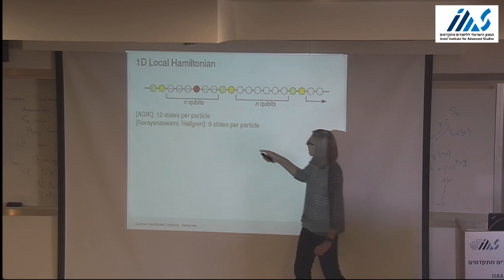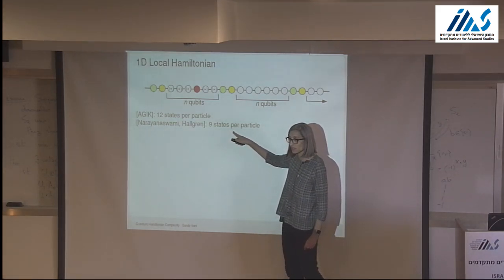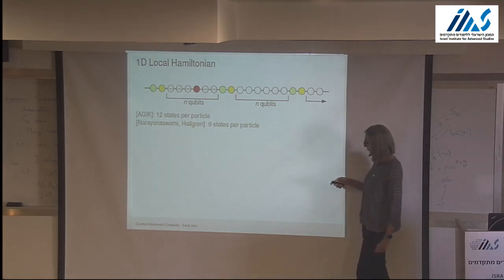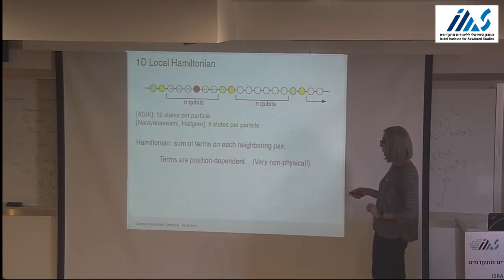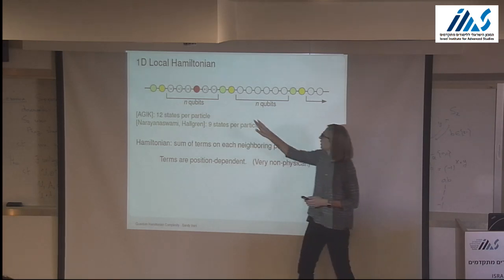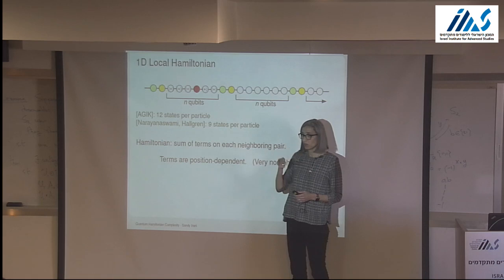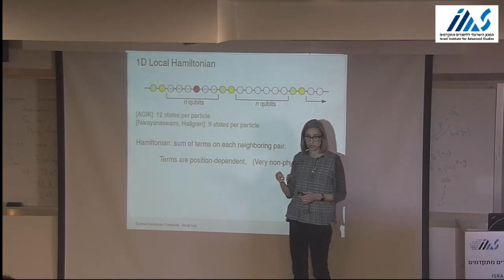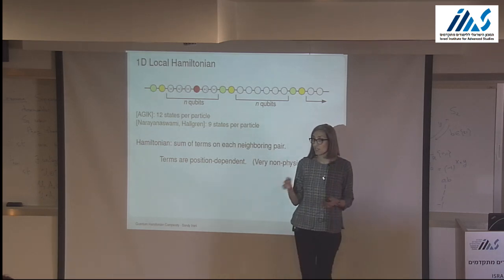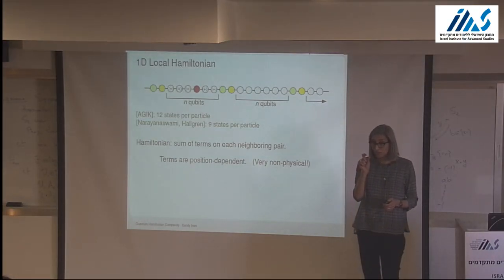All right. So we had 12 states per particle. It's been improved to 9, I think, is the current state of the art. One of the problems with this is what I mentioned earlier: you're encoding every single pair and every single qubit to have its own special local Hamiltonian term. When physicists study systems, they don't say these two atoms have this Hamiltonian term and these two atoms have that Hamiltonian term.